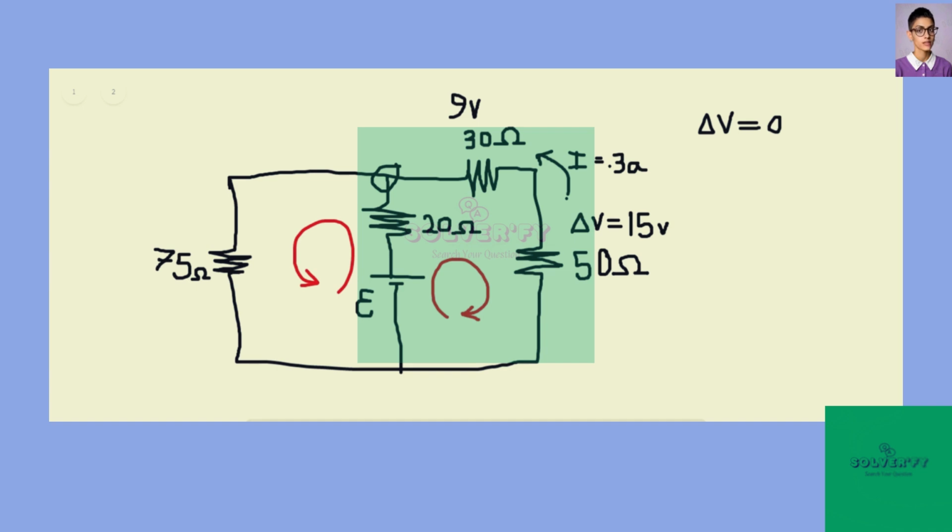So we can use Ohm's law to find the current through this 75 ohm resistor.